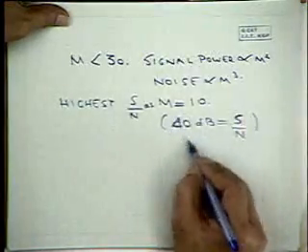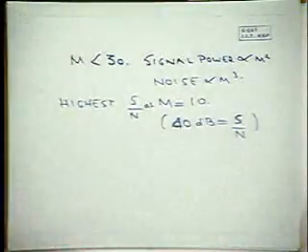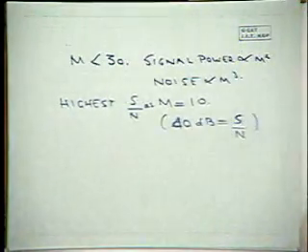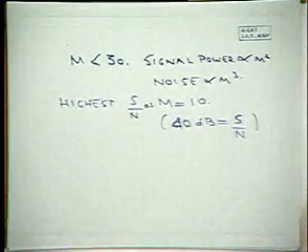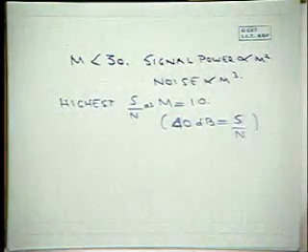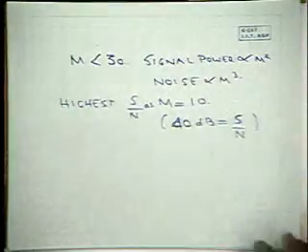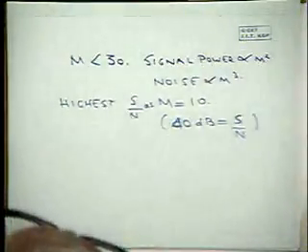So you are getting a 10 to the power 4 gain through this. The question is, how does the bias change the properties? We'll look at that.